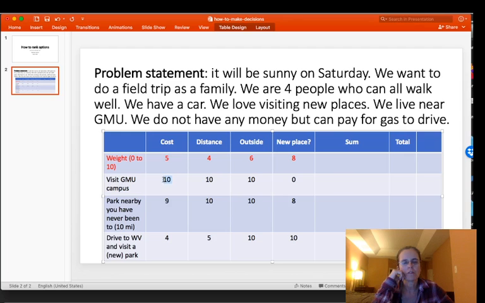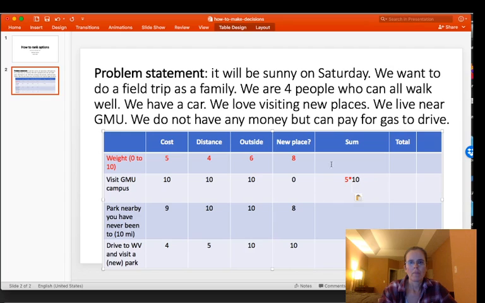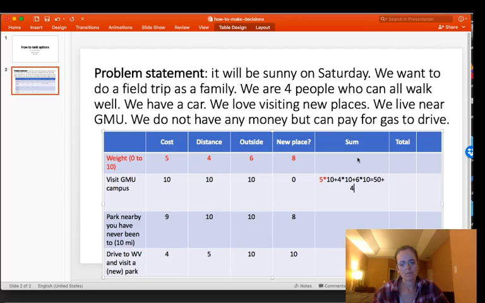So this person got 100% on this, so I'm going to multiply 5 times this, plus 4 times 10 plus 6 times 10 plus 8 times 0, which is 60 plus 40 plus 50 plus 60, which is 150.